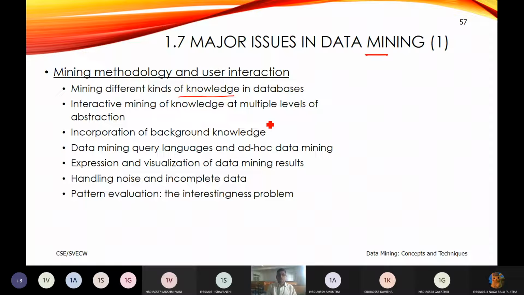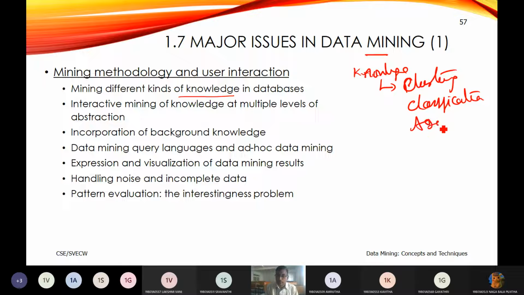So different kinds of knowledge, we will be assuming it as clustering followed by classification and association. And these are going to be applied over the data warehouse. This is the first primitive that we are going to talk about.